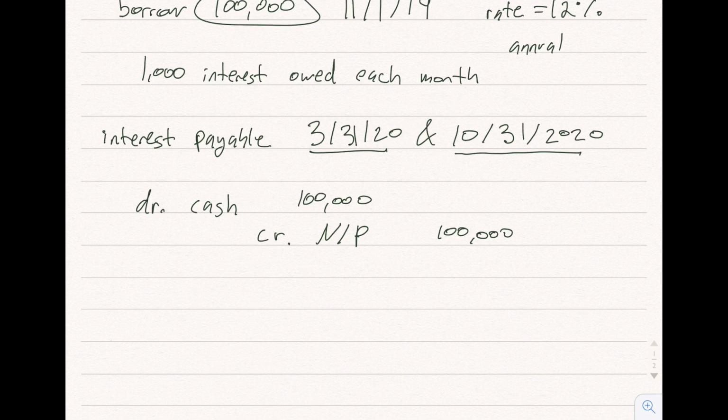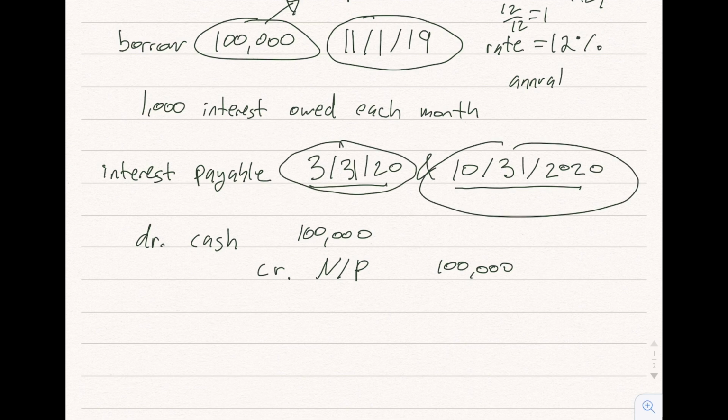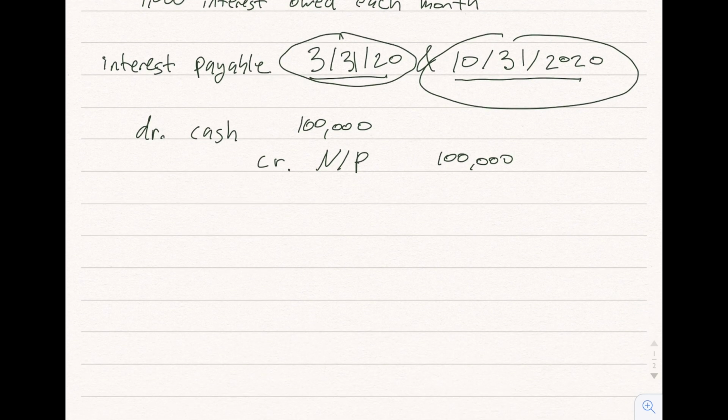But in this case, we're saying you're going to pay interest March 31st of the next year, because remember, this started November 1st, 2019. So you're going to pay interest March 31st and October 31st. And we're going to say for our purposes that you're also going to pay the note itself on October 31st.